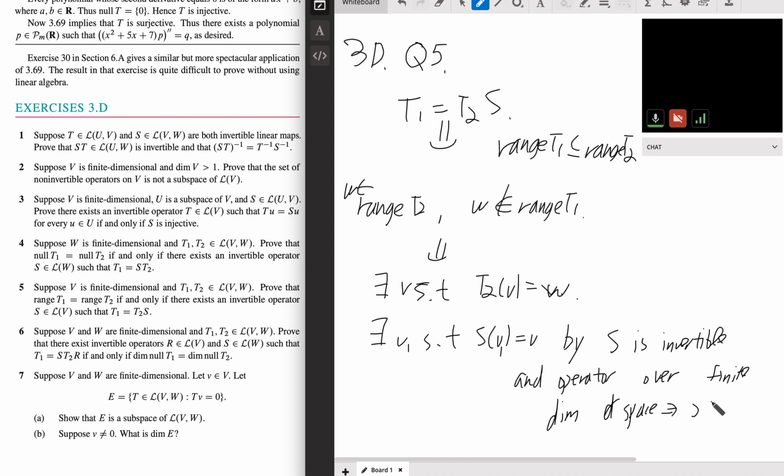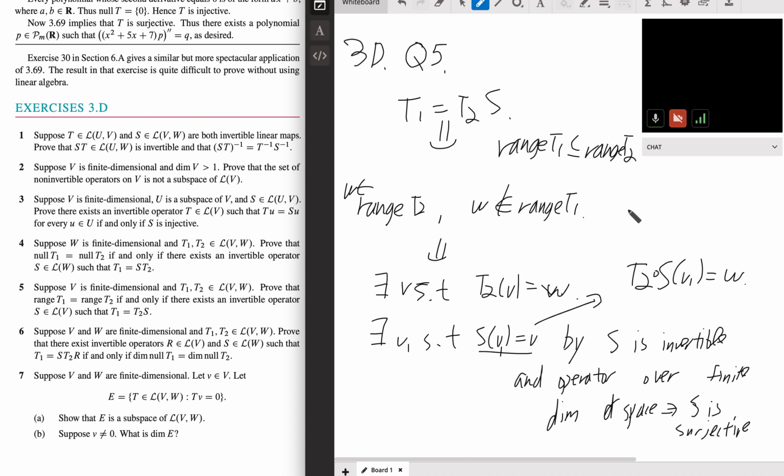That means that S is surjective, which means that you can find this. And then what that means is T2 composed with S of V1 is going to be equal to W.